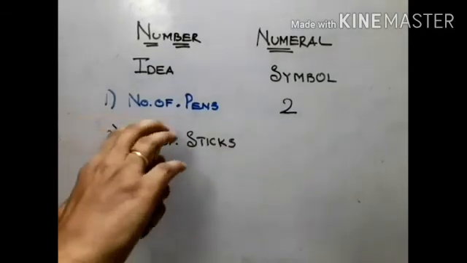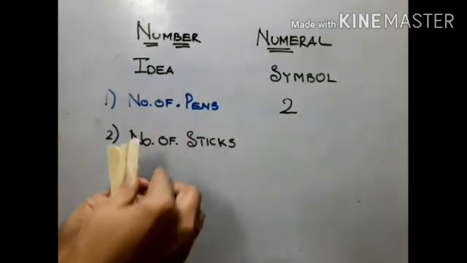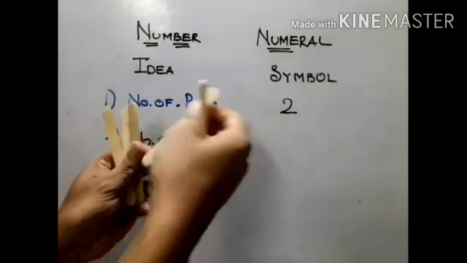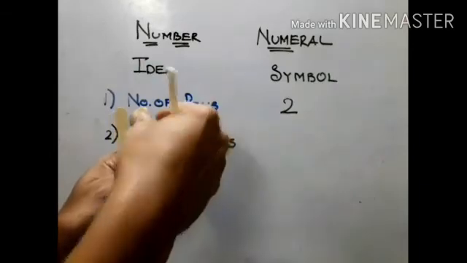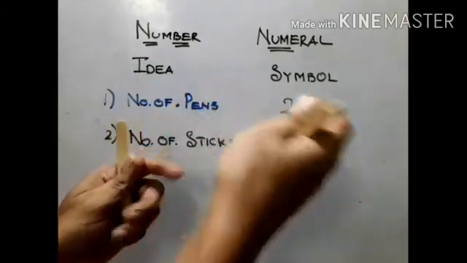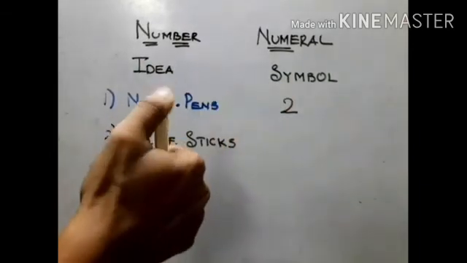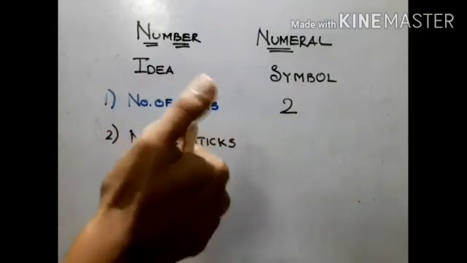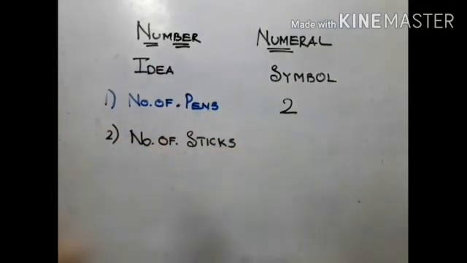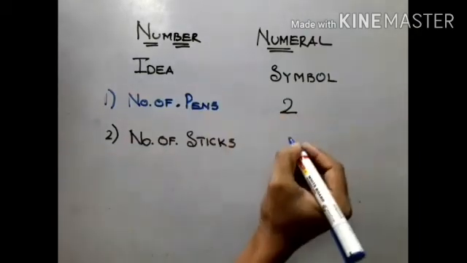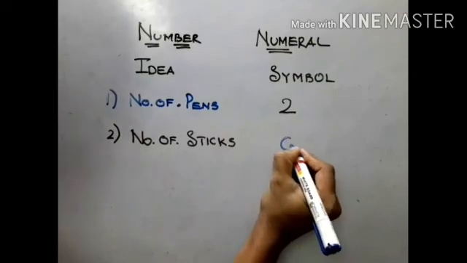So these are the sticks I am carrying. Let us see. So 1, 2, 3, 4, 5, 6. So my idea of counting the number of sticks ended up saying 6. If I want to express this idea as a symbol, I will write it like 6.